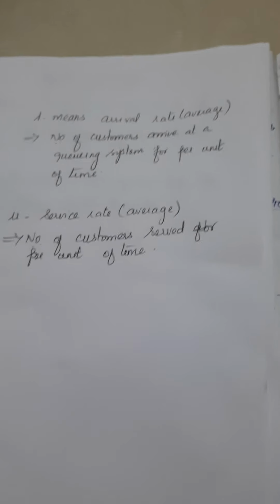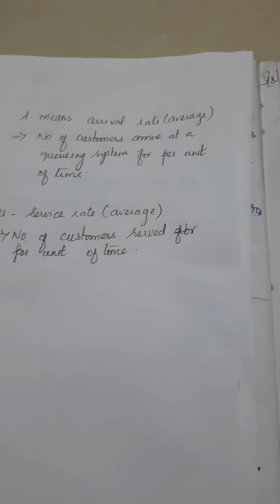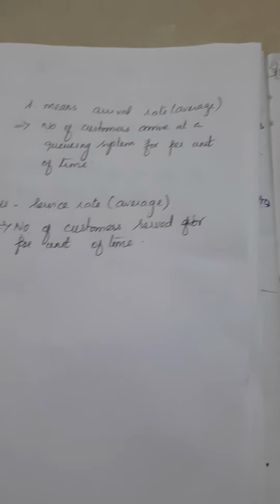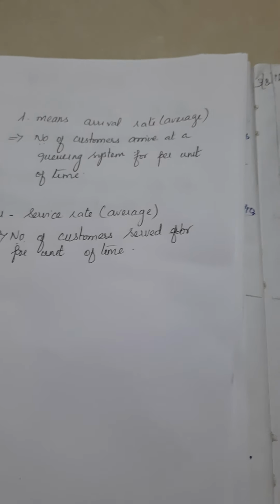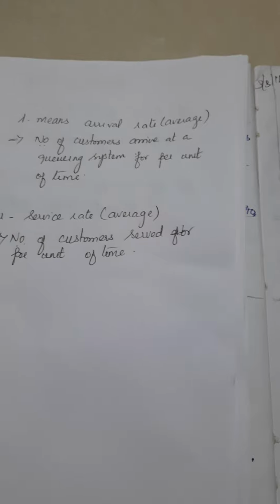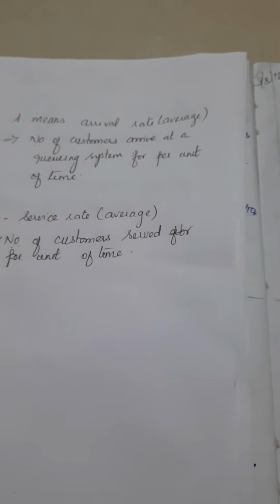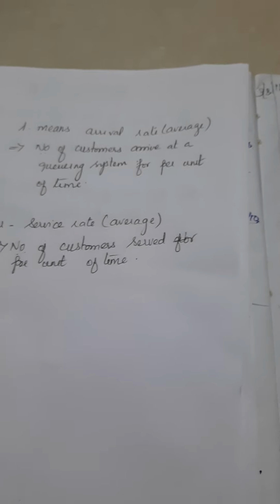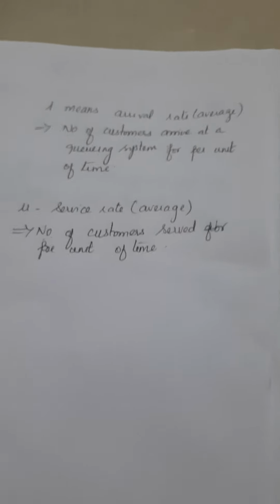Lambda is nothing but the average arrival rate, that means the number of customers arriving at the queuing system per unit of time. So I should express lambda as a proportion, the number of customers per unit of time. The time can be in minutes, seconds, weeks, years and so on.